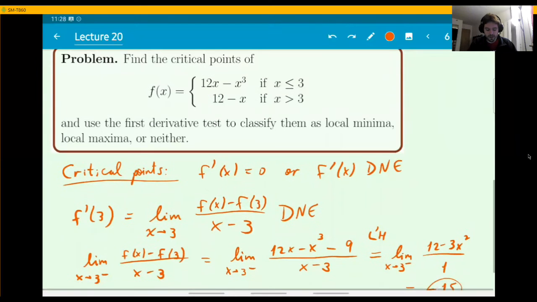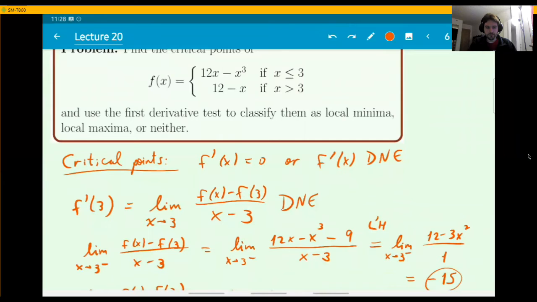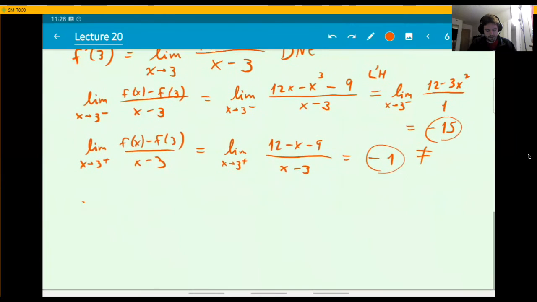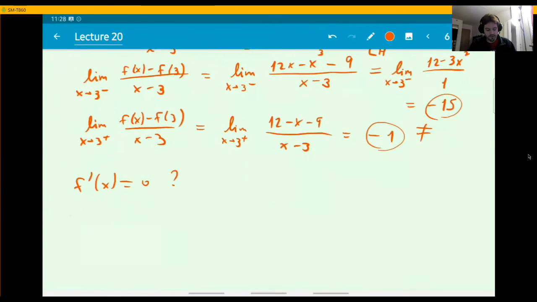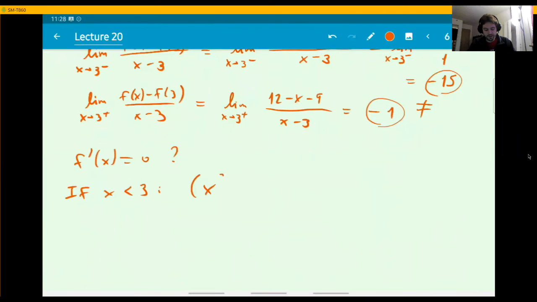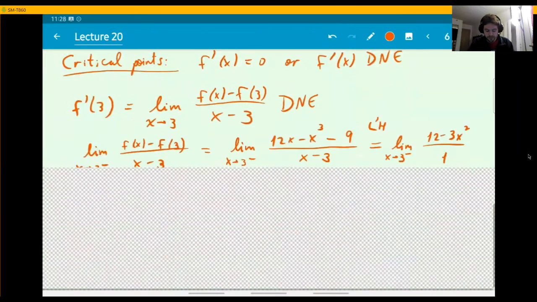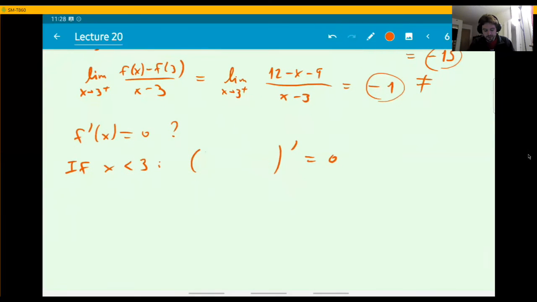So where is f prime equals 0? Looking at the first expression, 12x minus x cubed. So yeah, let's now find where it is equal to 0. If x is less than 3, if you're using the first expression, then you need the derivative of 12x minus x cubed equals 0.